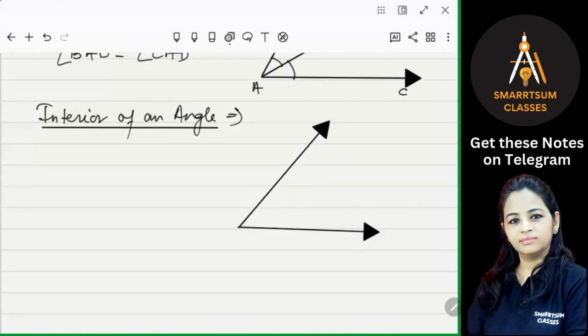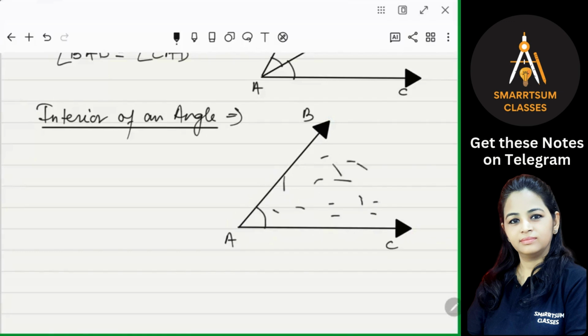This is A, this is C, and this is B. All the points which lie in this region are interior points. So this portion is the interior of angle BAC.